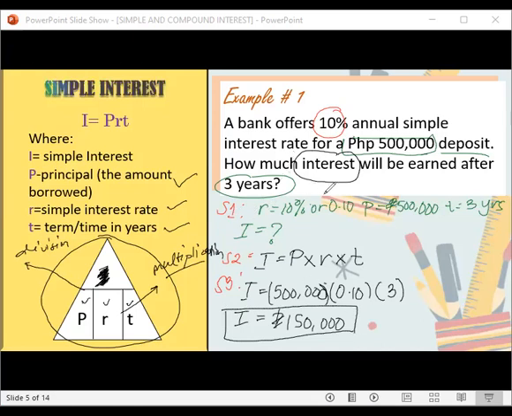So sabi, yung interest na ma-earn niya after 3 years is 150,000 kapag nag-deposit siya ng 500,000 with the annual simple interest rate of 10%. So ganito yung magiging interest, 150,000 pesos.